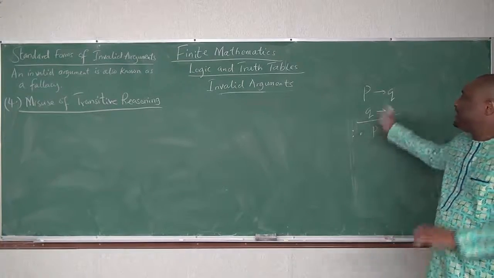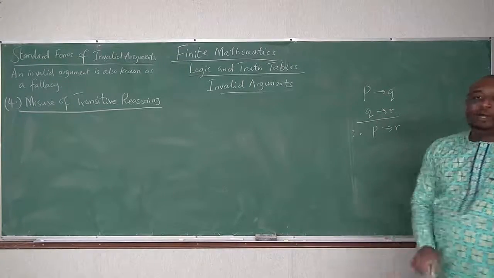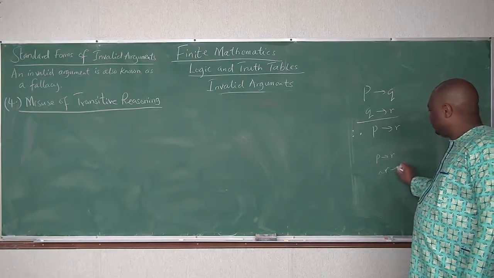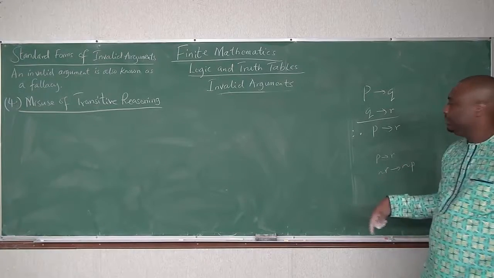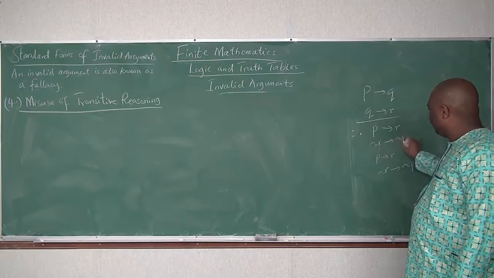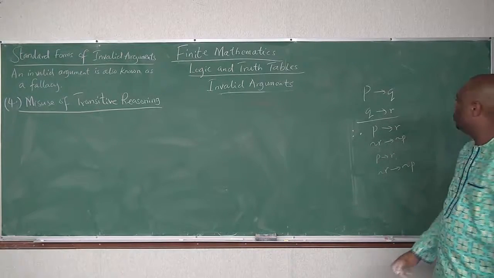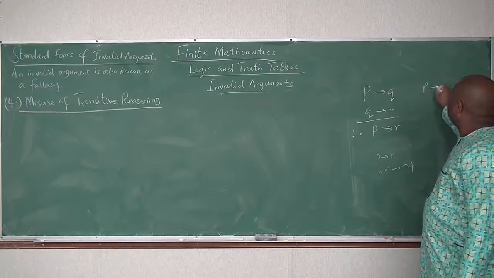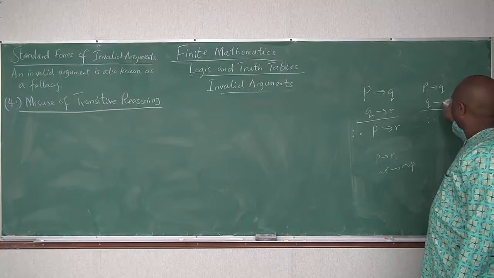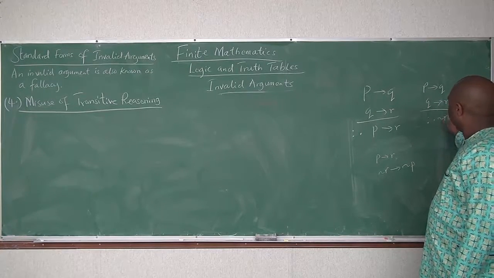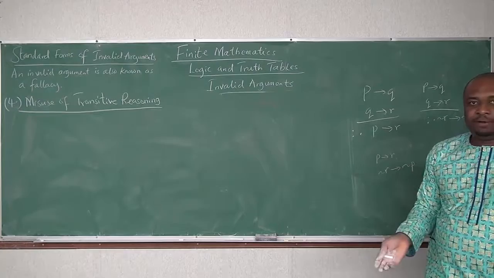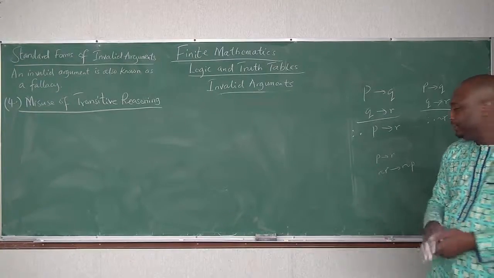And because the conditional and the contrapositive are equivalent, you could still have not R implies not P, and it should still work. So when you have P implies Q, Q implies R, and not R, therefore not R implies not P, it's still a valid form under transitive reasoning.